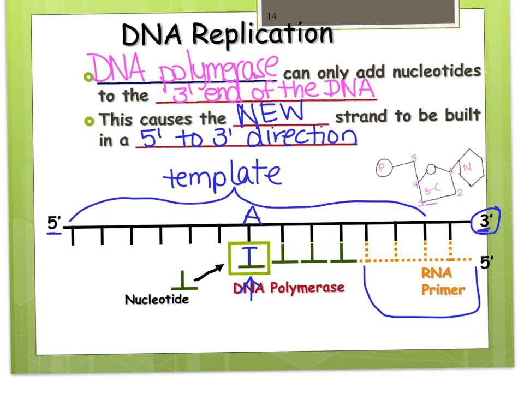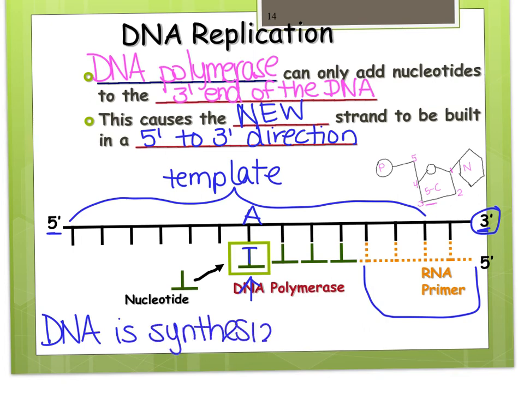So what we like to say is that DNA is synthesized. What do we say synthesized means? Made. So DNA is synthesized 5' to 3'. So here's our new strand.